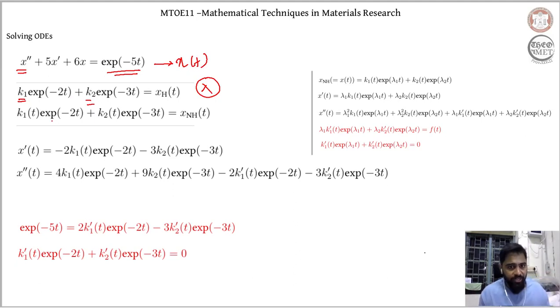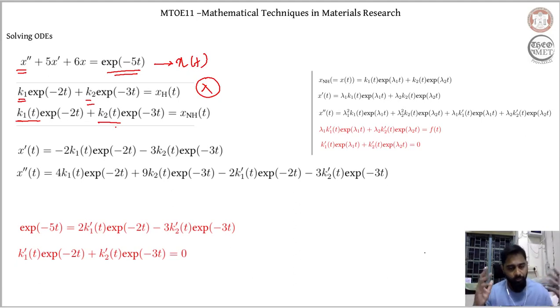Originally, when I assumed my force field was absent, these K1 and K2 were constant. Now since I have to introduce the influence of the force field, I am trying to accommodate it by changing these constants to time dependent variables. So ultimately, in my solution for the system wherein the force field is very much present, K1 and K2 are no longer constant, they are time dependent variables.